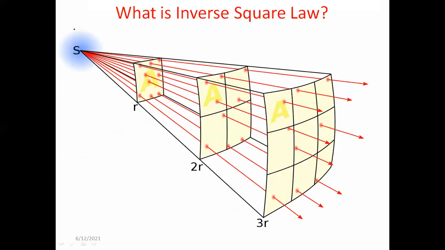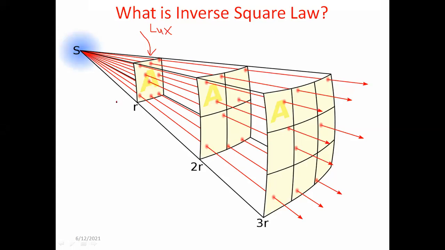Here is the diagram showing how this inverse square law works. Suppose this is the source at a particular point, and A is the area for which you are observing a certain amount of intensity, which is measured in lux. Lux is the unit of intensity, observed for a particular area. A lux meter is used.